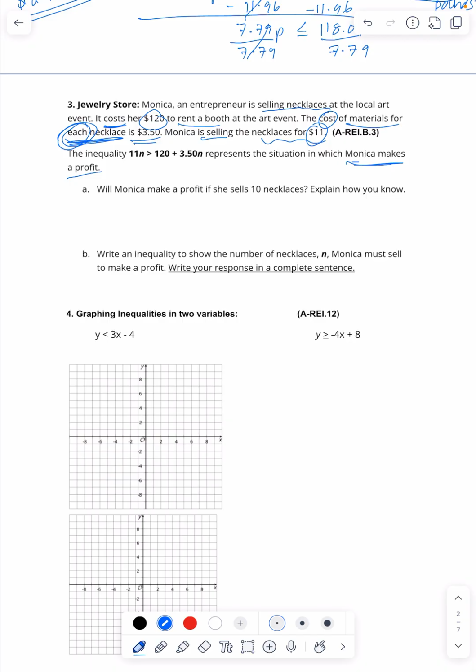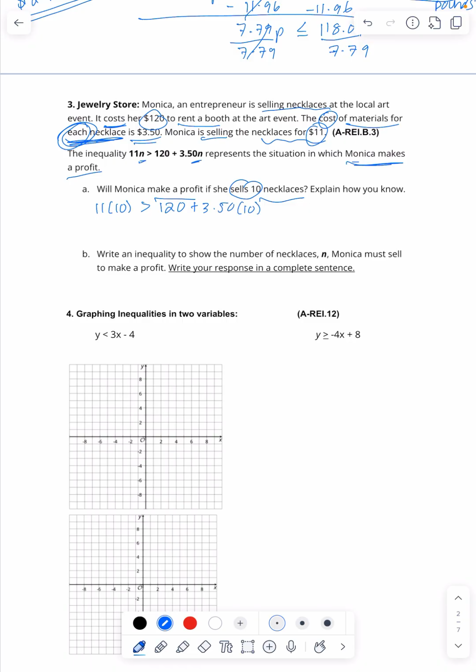And now the first question says, will Monica make a profit if she sells 10 necklaces? Explain how you know. Well, we already know that the variable in the inequality is the number of necklaces. So now we could just substitute this value and see if it makes this inequality true. So we would do 11 times 10 is greater than 120 plus 3.50 times 10.